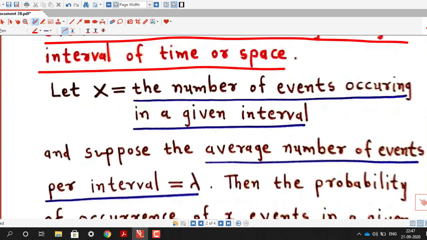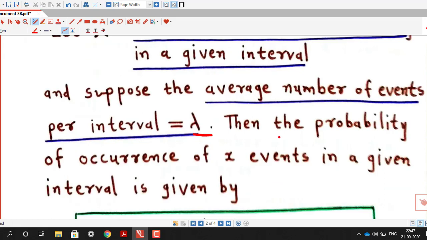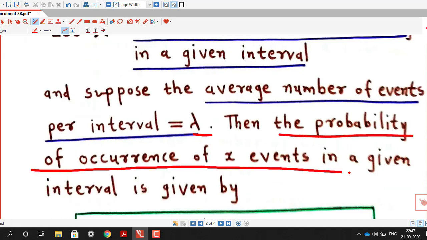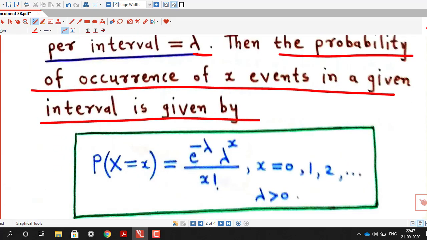And suppose the average number of events per interval is lambda, then the probability of occurrence of x events in a given interval is given by probability that X equals small x equals e raised to minus lambda, lambda raised to x, divided by x factorial, where x can take the values 0, 1, 2 up to infinity.